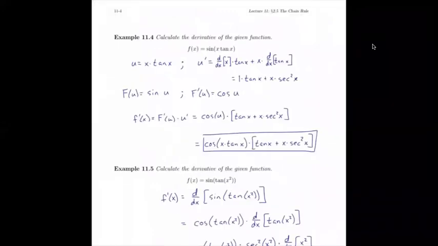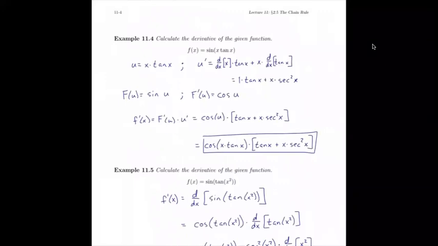So calculate the derivative of this function, f of x equals sine of x times tangent x. Now they're getting a little bit more complicated. The inner function is x tangent x, so I'll call that u. And then I want to find the derivative u prime of the inner function. Well, I have to be careful now because u is a product of two functions.